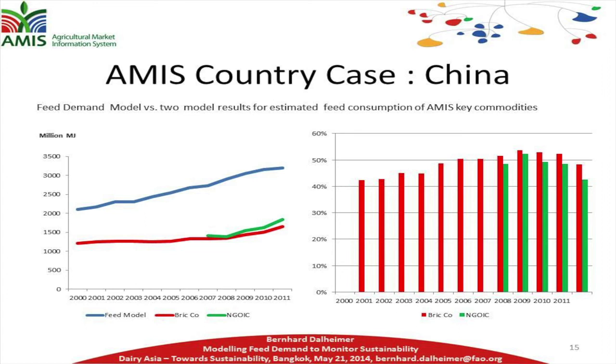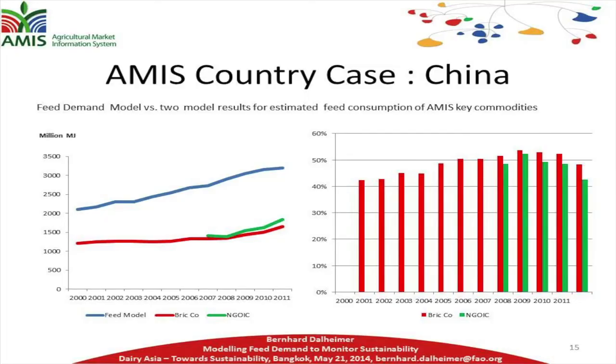So assuming that our estimates and their estimates are correct, the gap technically is utilization of other feedstuffs besides the 4 AMIS crops, which might be roots, for instance, or other feedstuff that they are using. Though in recent years the gap is declining, which might also mirror the progressing intensification of the livestock sector.